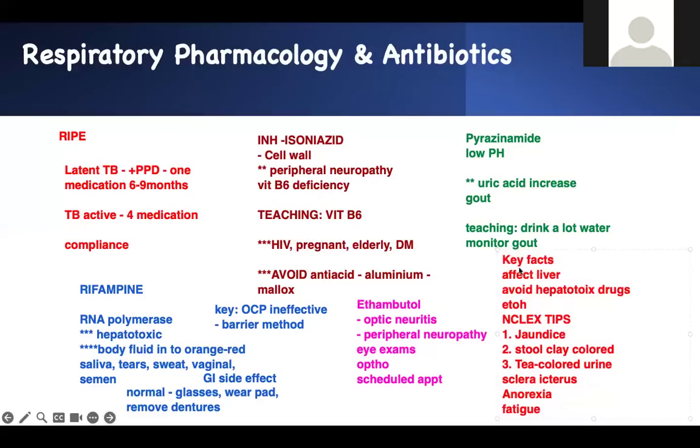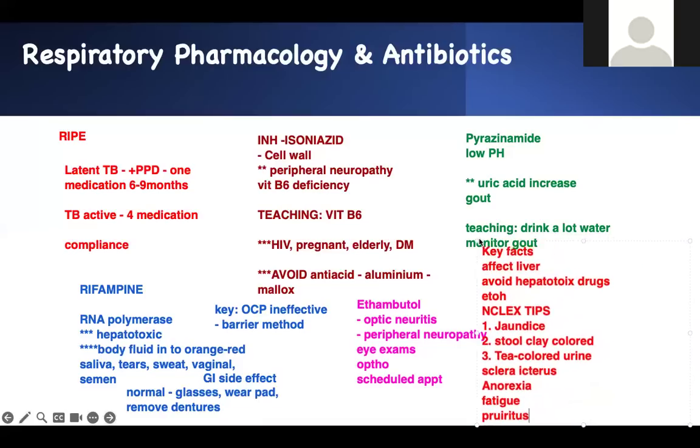These are signs of liver failure. And the last one is pruritus, itchiness, right? It's because of the bilirubin. These things you have to know. So if I'm taking isoniazid and I have pruritus, it should concern you that this is liver toxicity. If I have anorexia, all of those are liver toxicity, but they all have their own side effects, right?